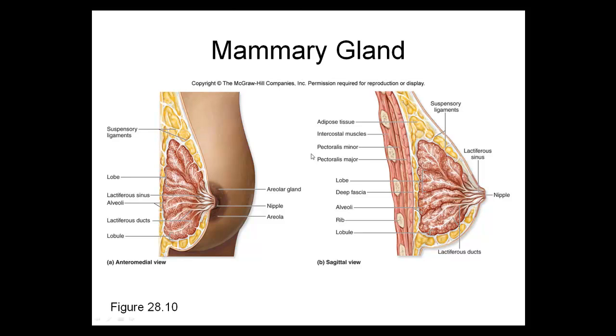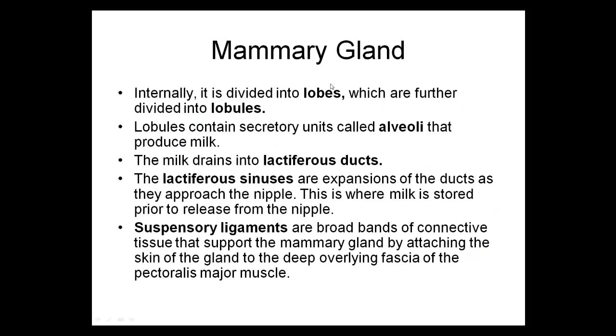All right, so we did talk about the lobes, and if you divide the lobes further, you get lobules, and then the alveoli, and those acini produce milk. The acini or alveoli are surrounded with smooth muscle fibers that respond to oxytocin, and oxytocin causes the ejection of the milk. The production of the milk is caused by prolactin, but the ejection of the milk is caused by a posterior pituitary hormone called oxytocin.